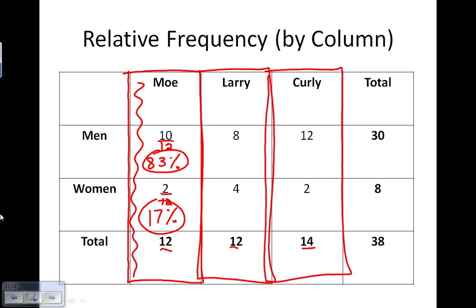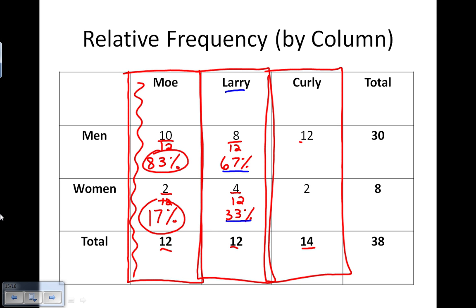Moving on to Larry, he had 12 votes total, so we're dividing by 12. 8 divided by 12 is 67%, and this is roughly 33%. So we can say that 67% of Larry's votes were from men, 33% of his votes were from women. And the last one is Curly.